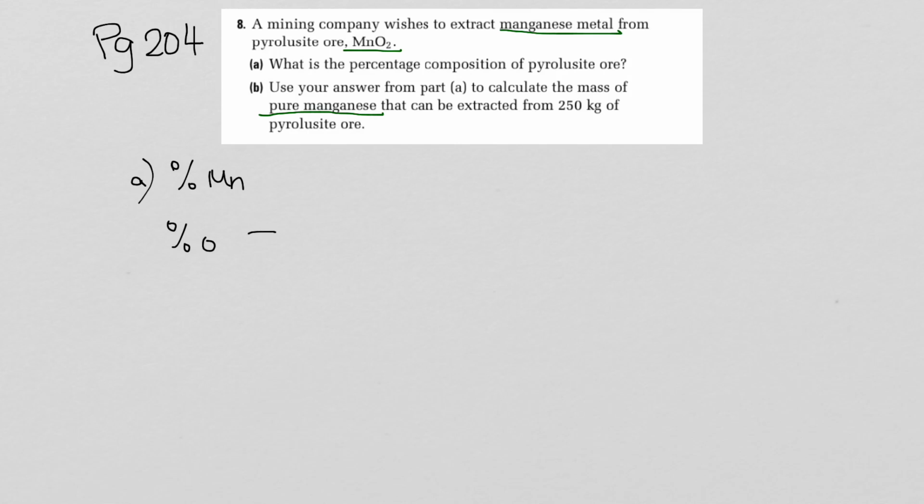They didn't tell us how much the sample is, but that's okay. If they didn't tell us how much it is, or how many grams there are, let's just assume that there's 1 mole. Okay. So if we assume 1 mole, then we can use the molar mass.